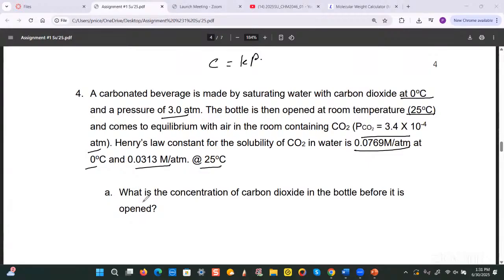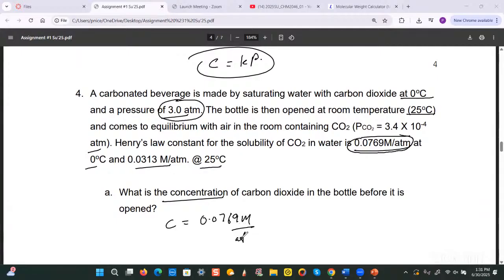The first question is asking, what is the concentration of carbon dioxide in the bottle before it is opened? Before it is opened, this is the pressure, and they gave you the K value at 0 degrees. So how would you calculate the concentration using that equation? 0.0769 per atmosphere times 3.0 atmospheres, very good.